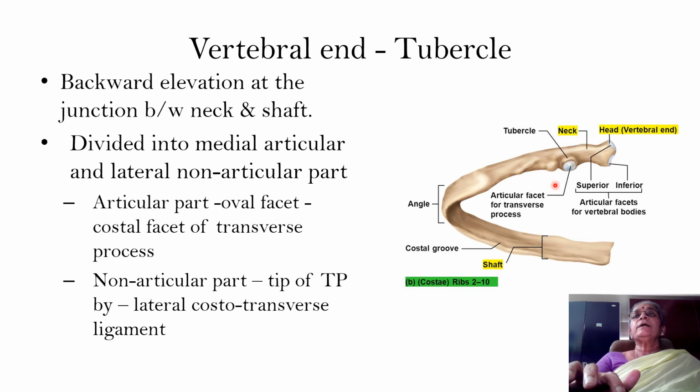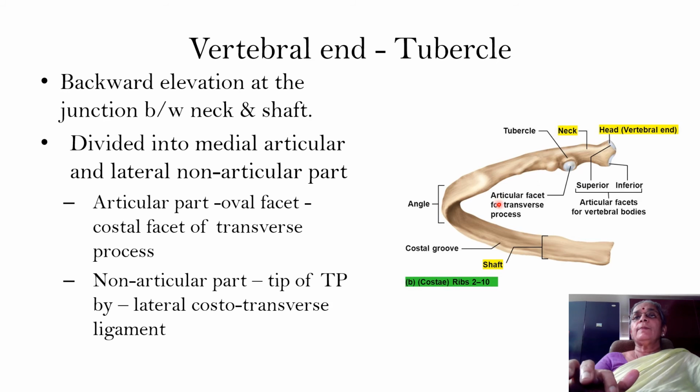And if you see the tubercle, it's the backward elevation at the junction between the neck and shaft of the rib. It is divided into a medial articular and a lateral non-articular part. The articular part fits into the facet on the transverse process, and it has an oval facet.